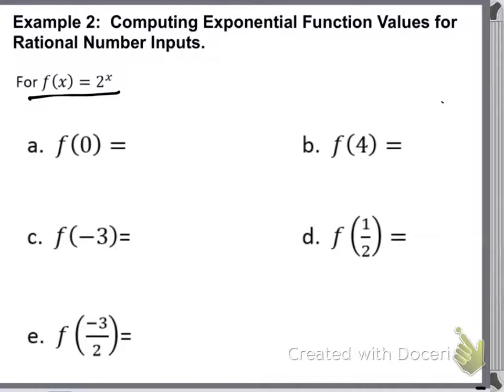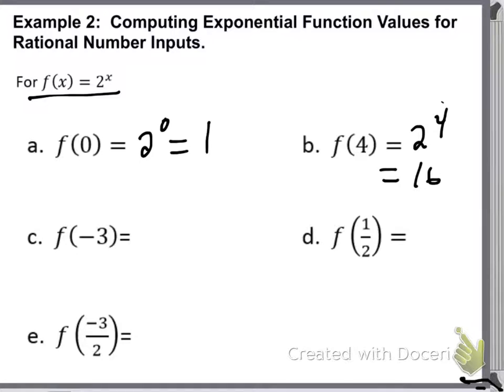Everywhere we see x, we plug in 0. So f of 0 is going to equal 2 raised to the 0 power, and anything raised to the 0 power is 1. For b here, we have f of 4 equals 2 raised to the 4th power, which equals 16.